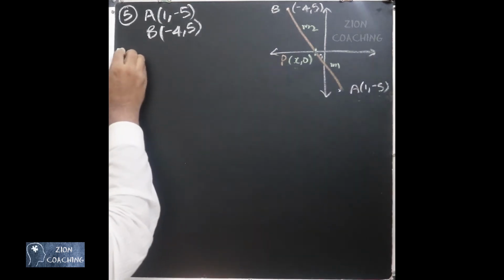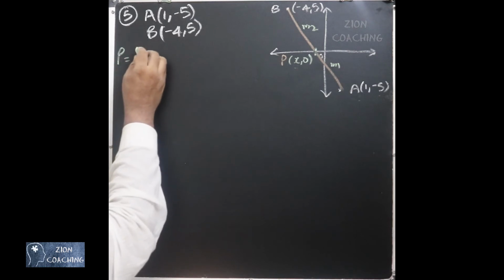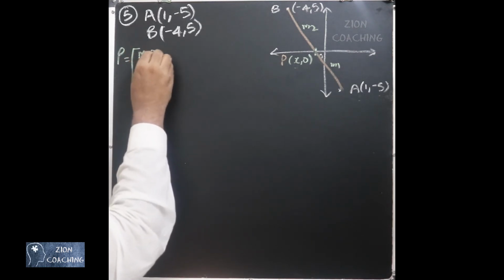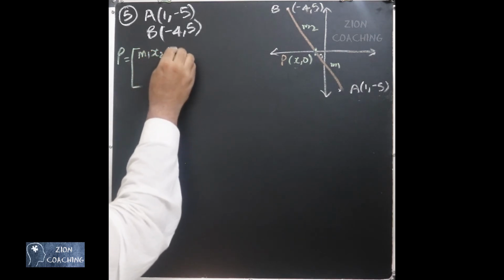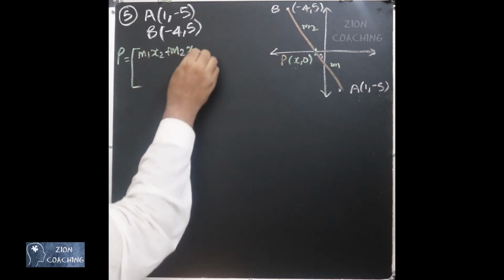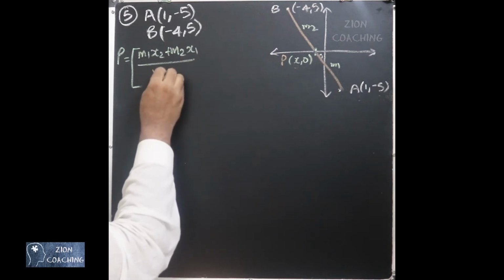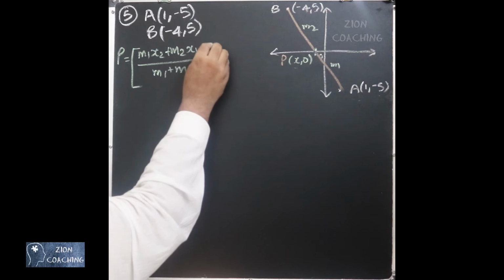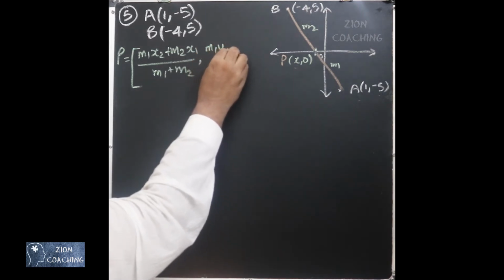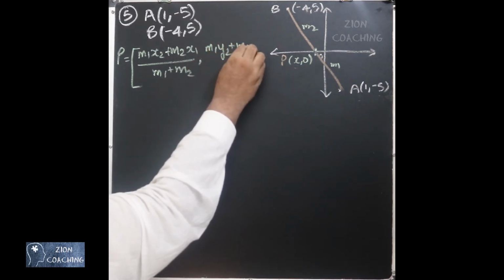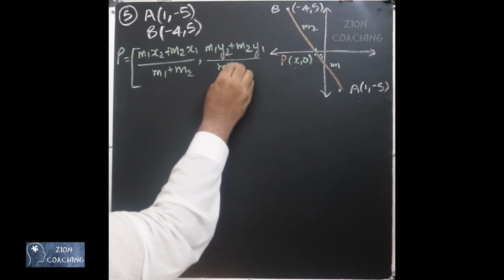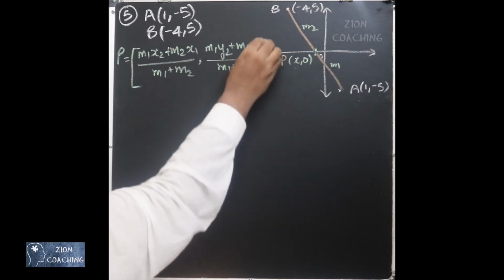Point P is equal to m1 x2 plus m2 x1 by m1 plus m2 comma m1 y2 plus m2 y1 by m1 plus m2.